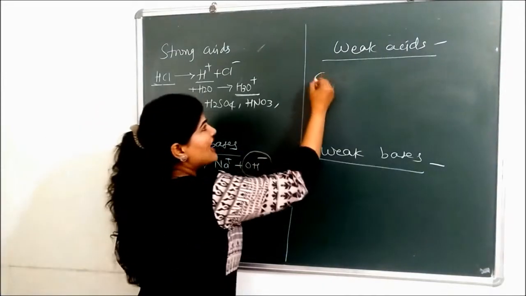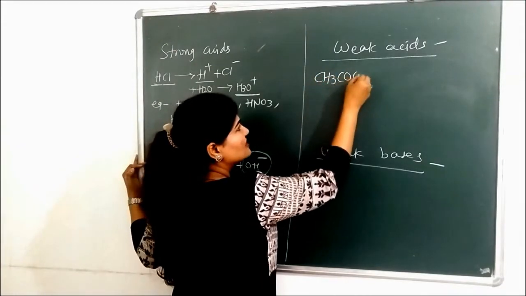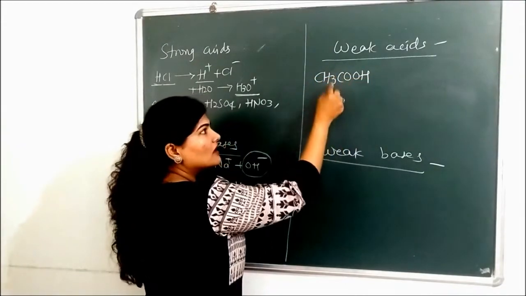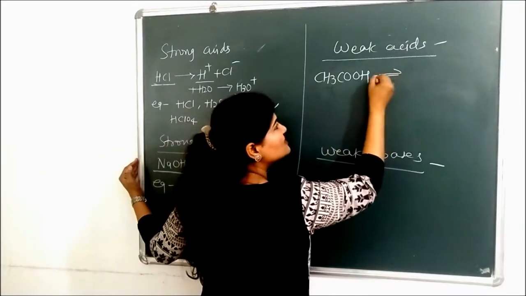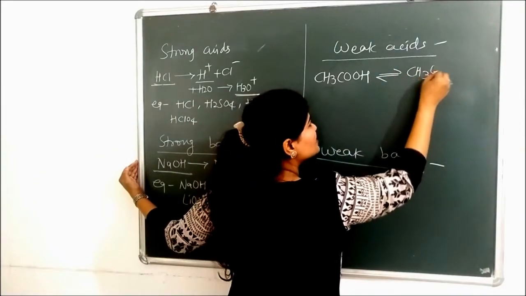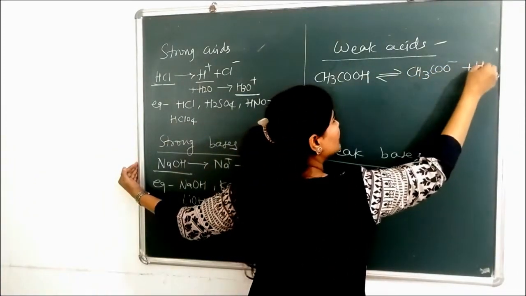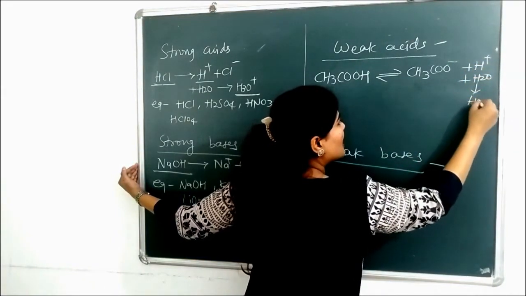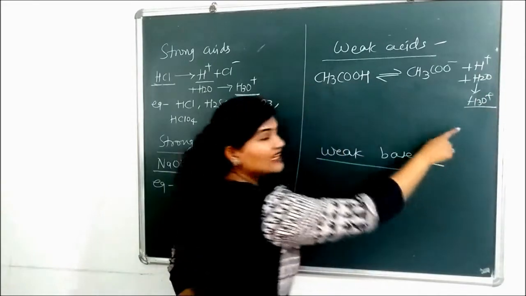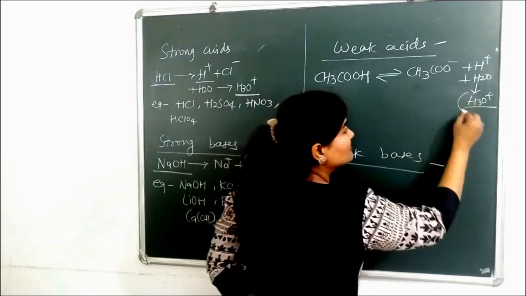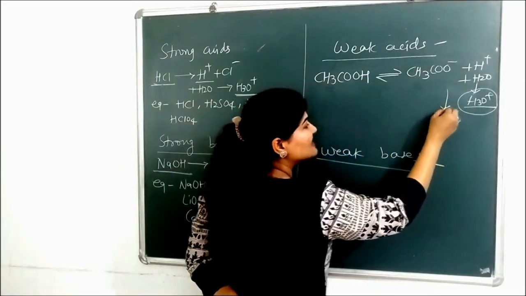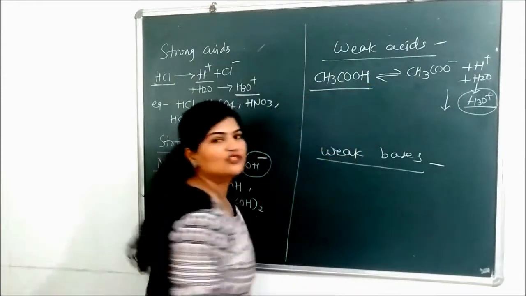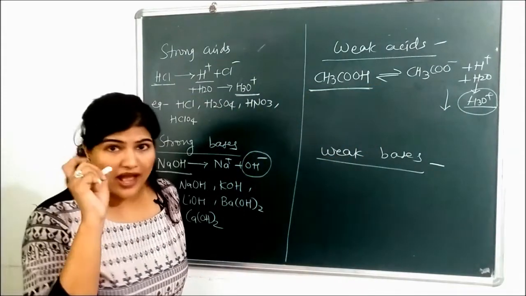For example, acetic acid, CH3COOH, is a weak acid. When it dissociates, it produces CH3COO minus plus H plus, and H plus will again react with the water to form hydronium ions. But in this case, the hydronium ion concentration will always be less than the concentration of dissolved acid. Now you know why.